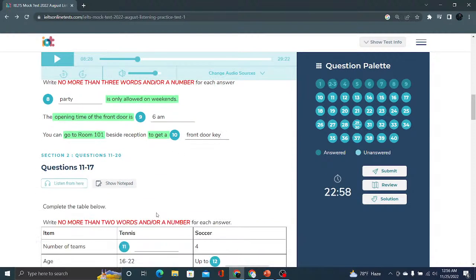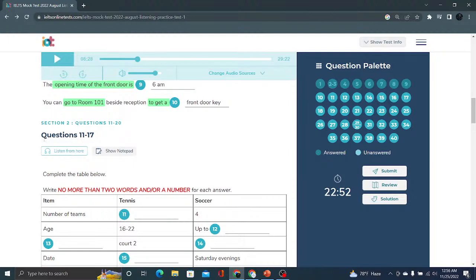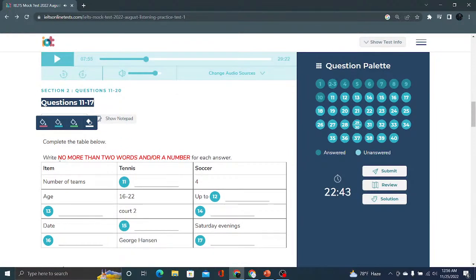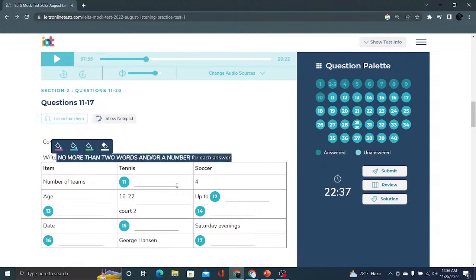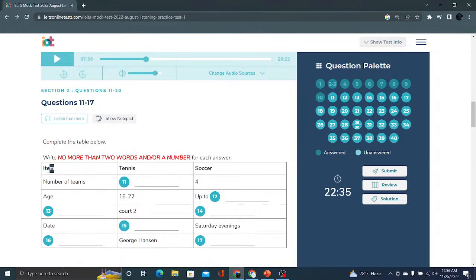So that's all about our part 1. Let's move on to part 2. Now we're going to listen for question number 11 to 17. Here's another instruction for us: no more than 2 words and a number for each answer. Let's read it.